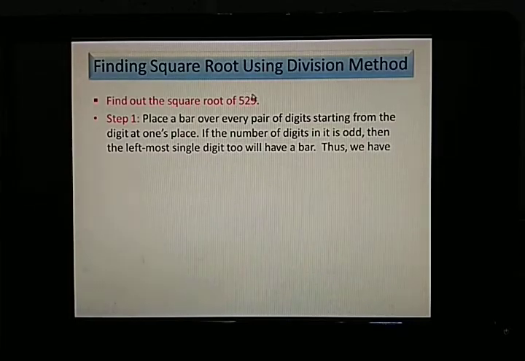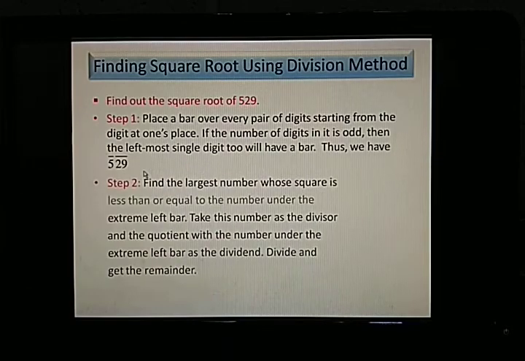So we place a bar over 2 and 9, like this. Since 529 has an odd number of digits, we place a bar over 5 as well. Clear? Step 1. Now step 2.